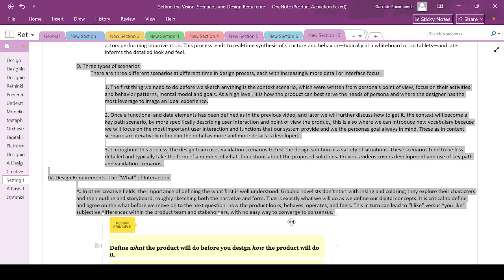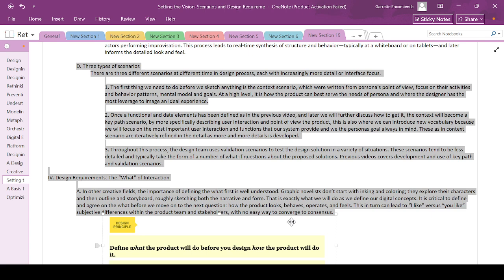Once we define that, and later we will further discuss how to get it, the context will become key path scenarios. Once we have the functions and data that the customer could manipulate, because remember, this GUI is just manipulating controls, we will now create the most common.